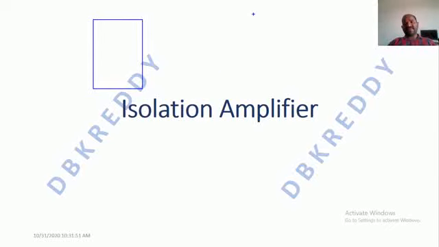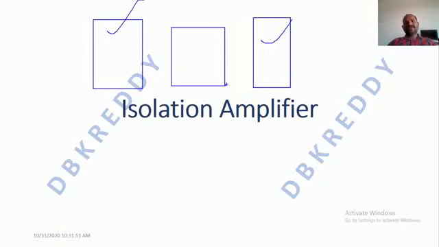Let us suppose I have the human body over here, and I'm assuming a measuring device. Between these I'm going to use one signal coupler, which is nothing but the isolation amplifier. The measured information will be received by the isolation amplifier, and this information will be transferred to the ECG, as per our example.